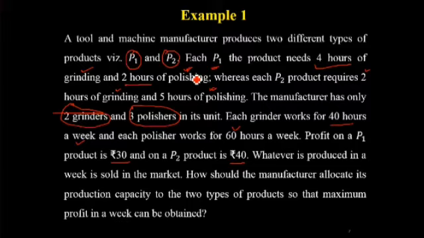Now the first thing is, what are the decision variables? We first have to understand the decision variables. A decision variable means we have to take a decision based on the production of the P1 and P2 products. So P1 and P2 are the decision variables here.